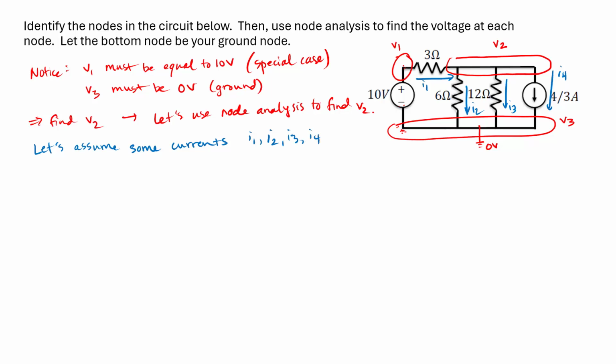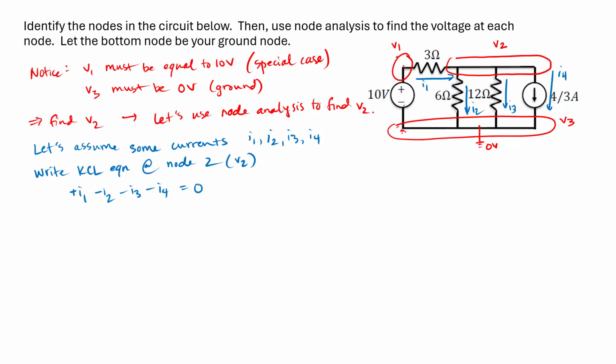And our next step is to write the Kirchhoff's current law equation. In this case, this is at node 2 with voltage V2. So in this case, I1 is entering, so we have plus I1. Everybody else is leaving node V2, so all the rest of my currents are leaving. They get negative signs.